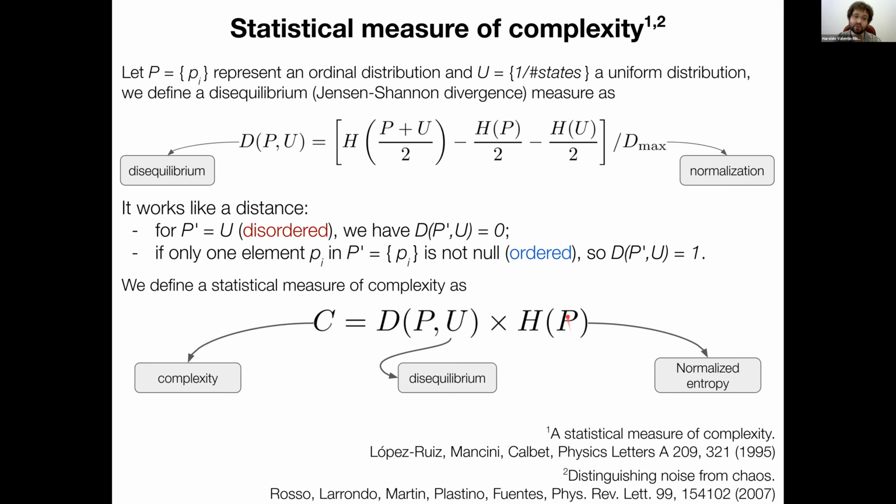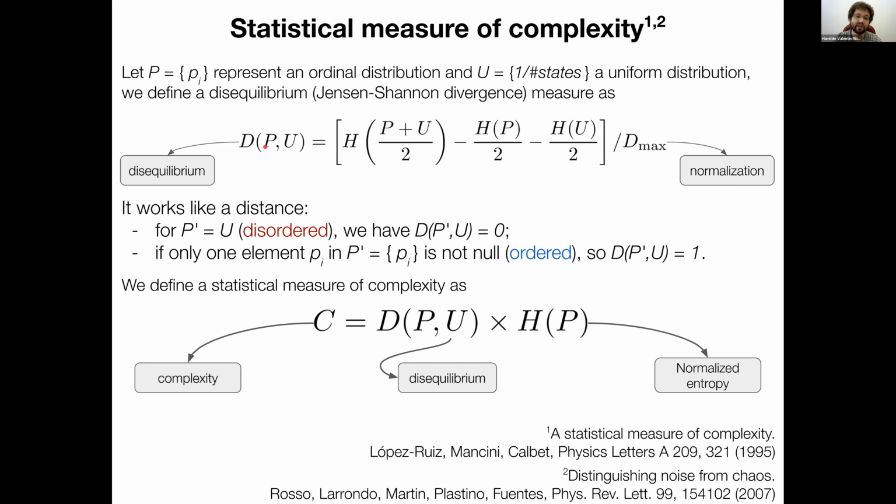To define this quantity, we first need to define a disequilibrium measure, which is what I'm showing here. Suppose we have a probability distribution P that represents our ordinal probability distribution, and then we have a uniform distribution. The disequilibrium is basically a normalized Jensen-Shannon divergence. We have here the Jensen-Shannon divergence, and this is just a normalization constant. So this is our disequilibrium.